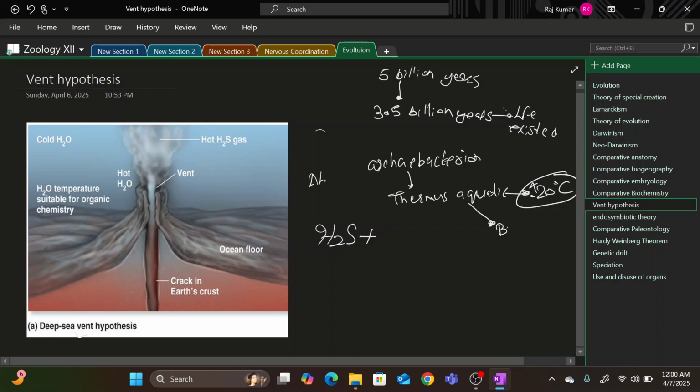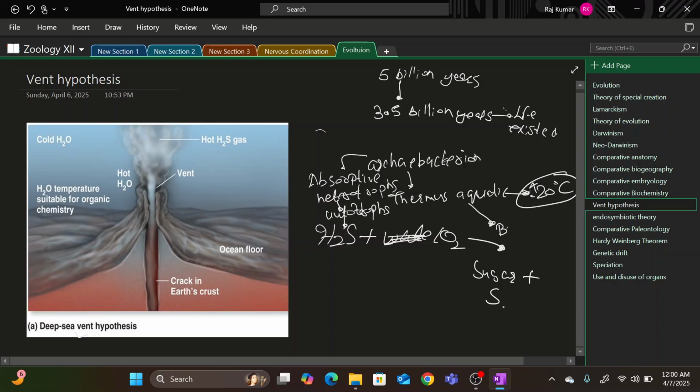At first, archaebacteria were absorptive heterotrophs, and then gradually they converted into autotrophs. But they were not photosynthetic autotrophs; rather, they were chemosynthetic autotrophs, which use hydrogen sulfide and carbon dioxide to produce sugar plus sulfur.